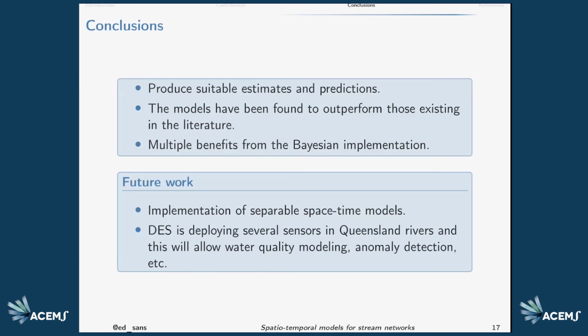As part of future work as well, we are working with the Department of Environment and Science here in Queensland, and they are going to deploy a lot of sensors in Queensland rivers, which will allow us to obtain a lot of data for water quality and anomaly detection.